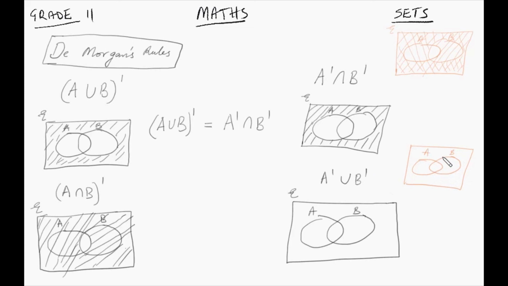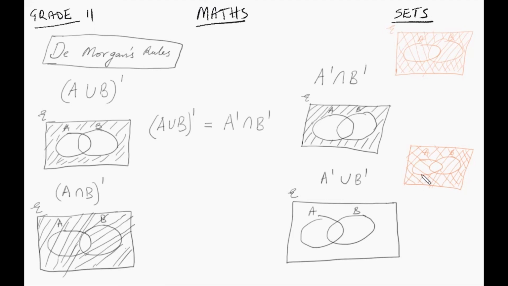So we have A complement, outside A. And then we have B complement, outside B. Did I shade outside B here? Okay, and then, yeah, I'm done.